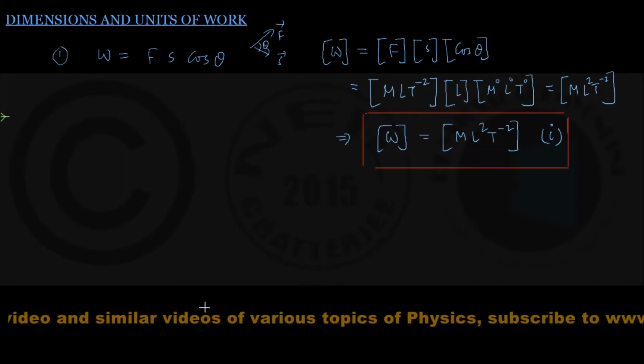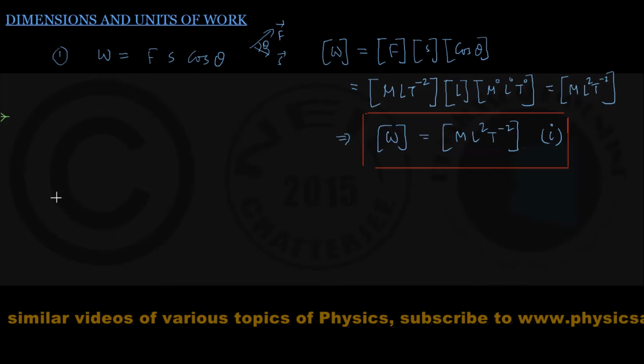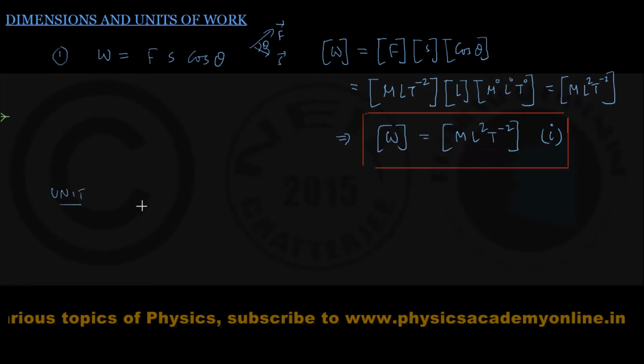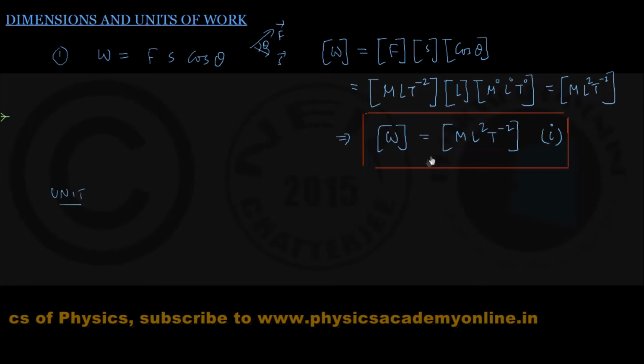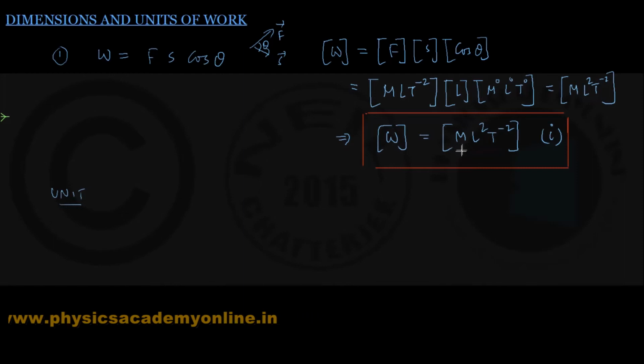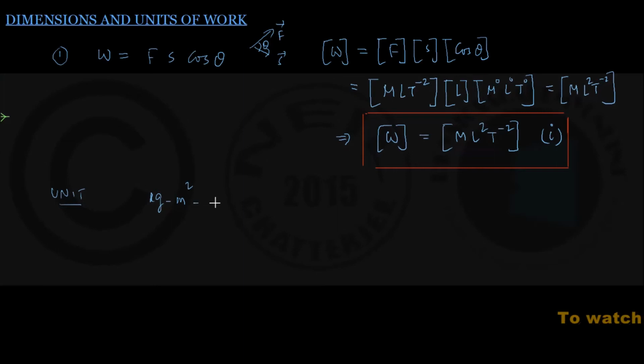To do that, we shall recall the units of the different physical quantities inside the square bracket. The unit of mass is kg in SI. The unit of length is meter, so I write meter square, and don't forget to give a hyphen in between, since this is a compound unit. And then again a hyphen: the time unit is second, so seconds to the power minus 2.